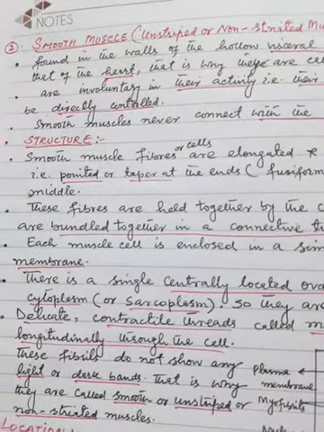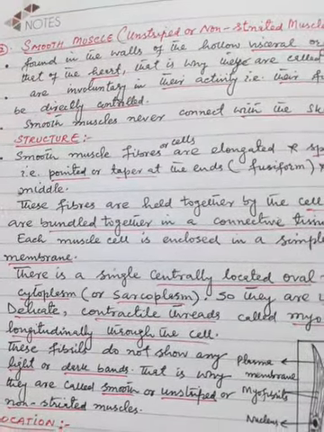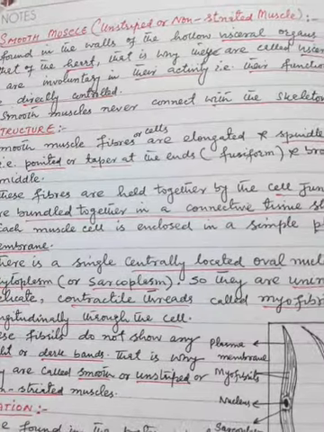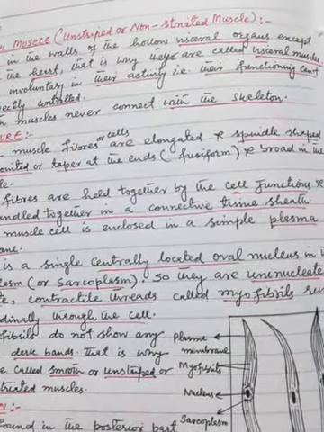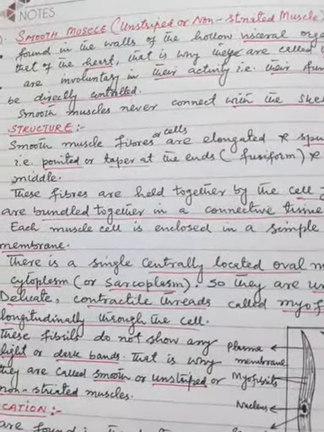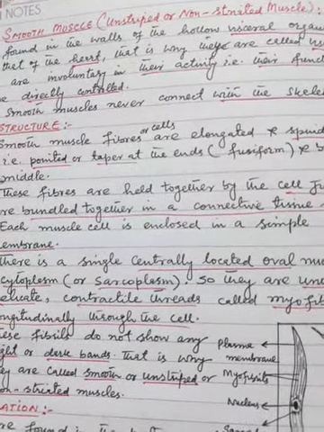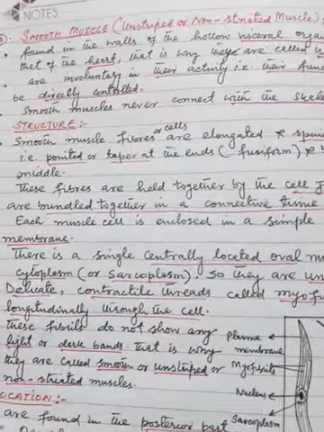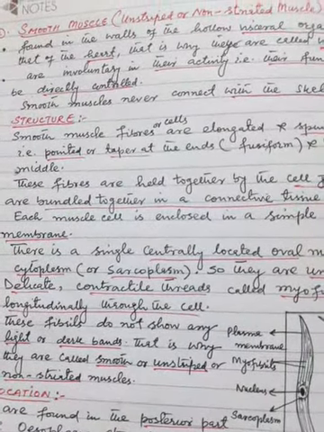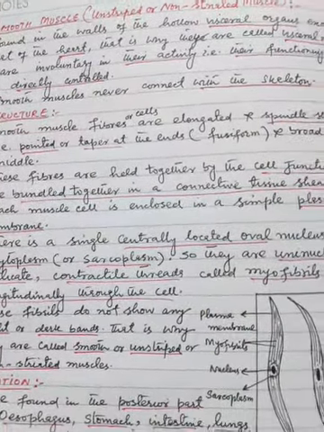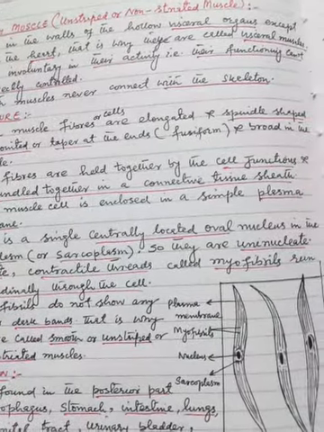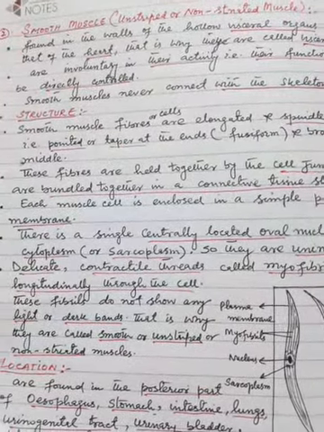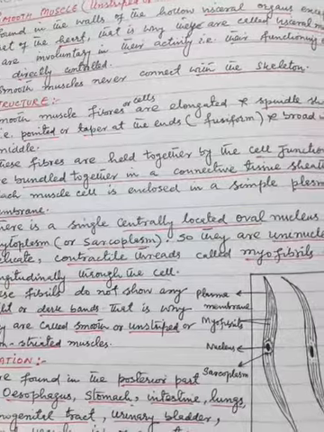Now, the structure of smooth muscles. Smooth muscle fibers or cells are elongated and spindle shaped. Spindle shaped means they are pointed or tapered at the ends, that is also called fusiform, and broad in the middle. These fibers are held together by the cell junctions and are bundled together in a connective tissue sheath.